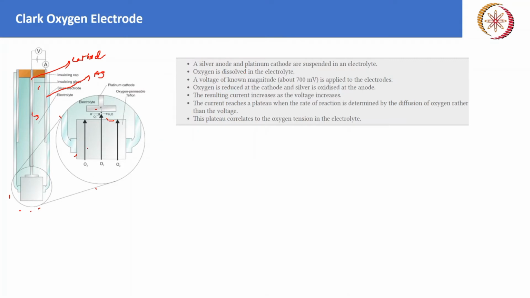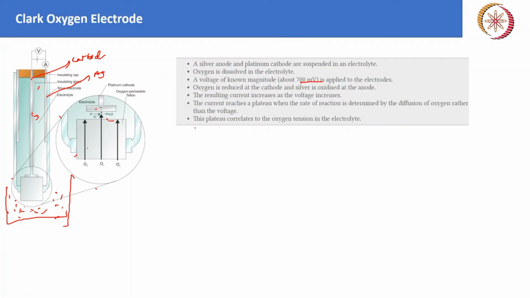We dip this portion in the sample, for example a blood sample, and you can measure the current at a potential of about 700 millivolts to reduce the oxygen to water. Whatever current you observe, you can measure.